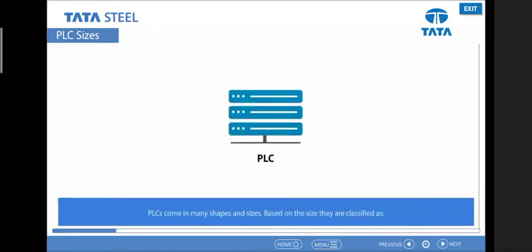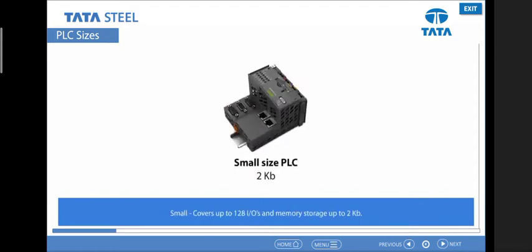PLCs come in many shapes and sizes. Based on size, they are classified as small, which covers units with up to 128 IOs and memory storage up to 2 kilobytes. These PLCs are capable of providing simple to advanced levels of machine controls.